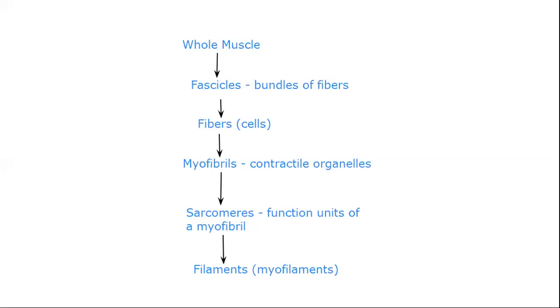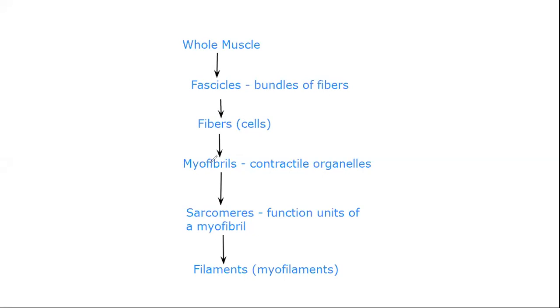So I will stop talking about that, and I'm gonna pull up the little whiteboard thing that I did for you guys last time. And I've done the same thing again, kind of giving you the flow chart of our muscle breakdown, starting at the top with what we call the whole muscle, or just muscle, which is broken down into smaller units called fascicles, which we learn are bundles of fibers. Fibers, as we talked, are the fancy way to describe our muscle cells.